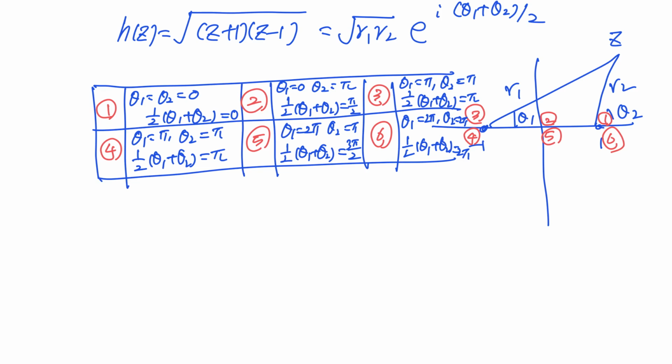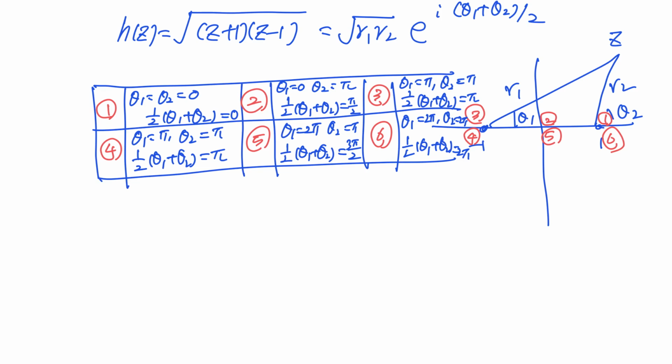So we can see that if you cross this x-axis, there is no phase change between 1 and 6, because 0 is the same as 2 pi, right? And if you cross the x-axis from 3 to 4, still the same phase. The phase is pi to pi.